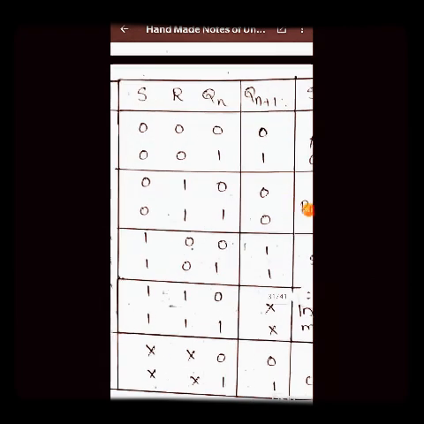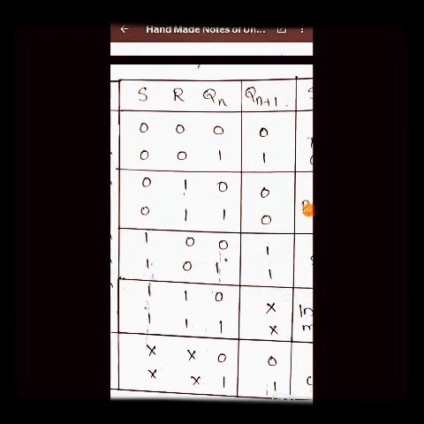Similarly, the output Qn plus 1 is 00 for the input of 0 and 1 as the value of R. It means there are two values of R, 0 and 1, and there is only one value of S, which is 0. So we are sure that the input value of S will be 0, and we don't know the value of R. It may be 0, it may be 1, for the output Qn plus 1 of 00.